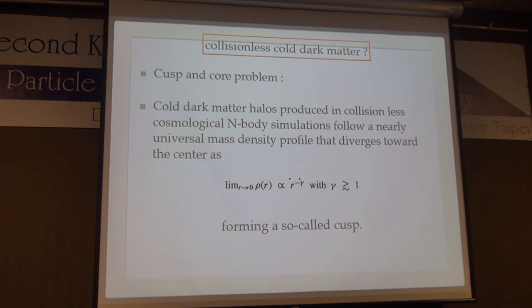They found that on small scales in galaxies, the dark matter density is growing like r to the minus gamma, where gamma is about 1.8 or 2. So there's a cuspy structure in the simulations.